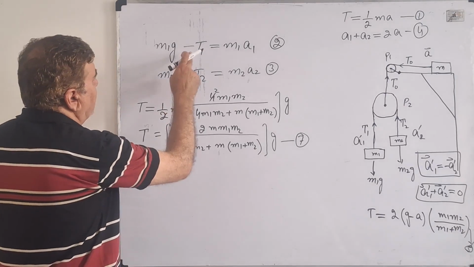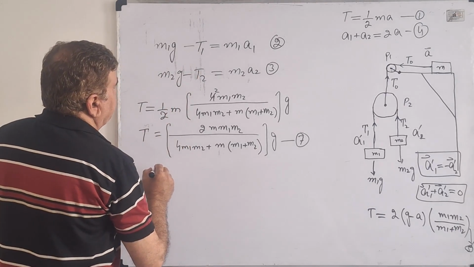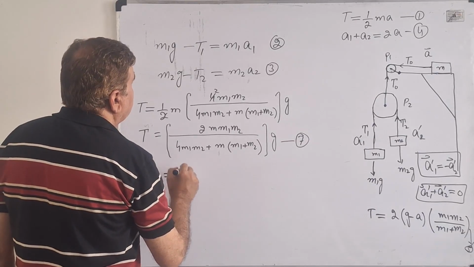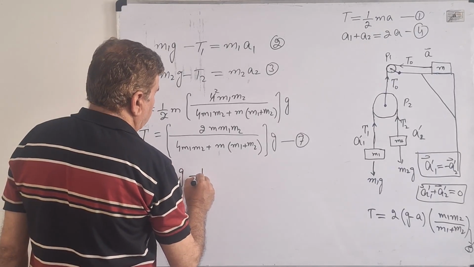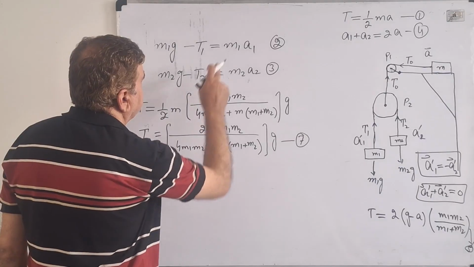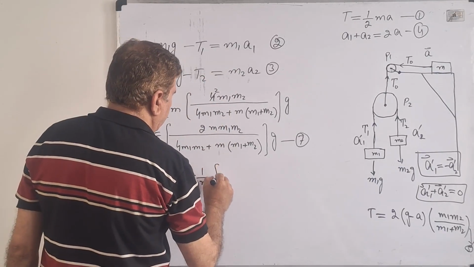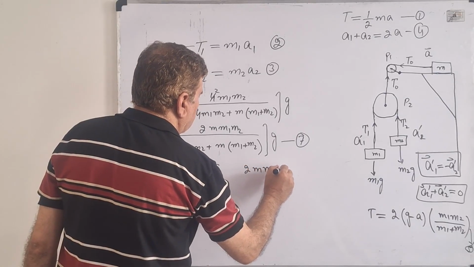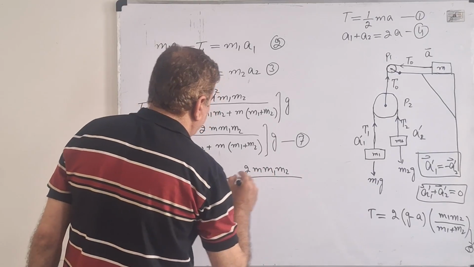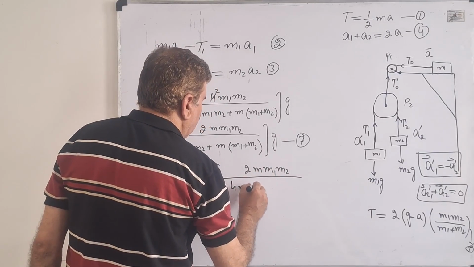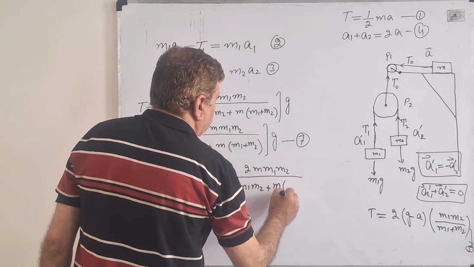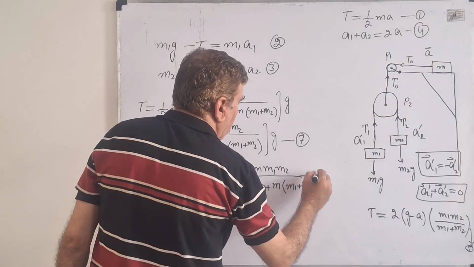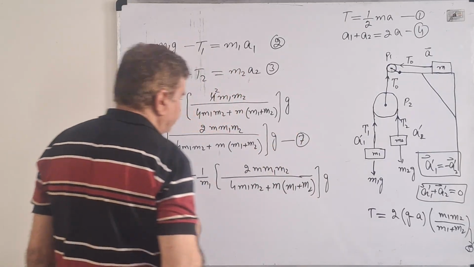And if I put the value at this position, I can write acceleration a1 equals g minus 1 over m1 times T, and I put the value of T, so that would become 2 m m1 m2 divided by 4 m1 m2 plus m times m1 plus m2, and the whole multiplied with g.